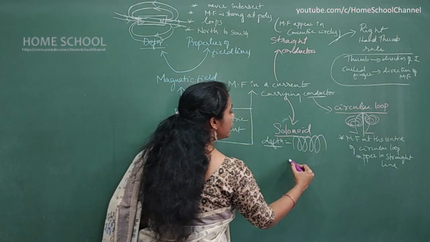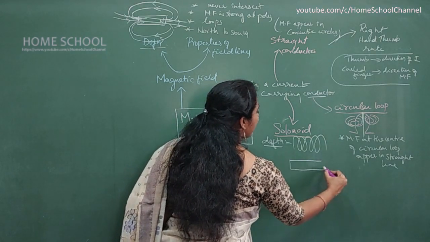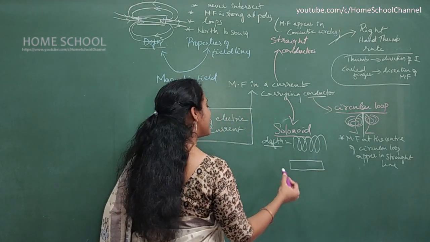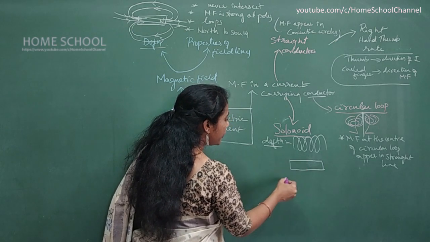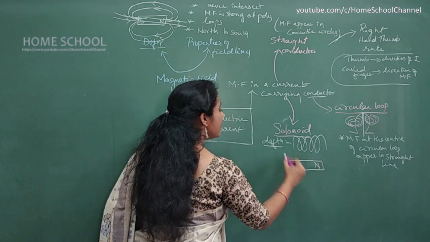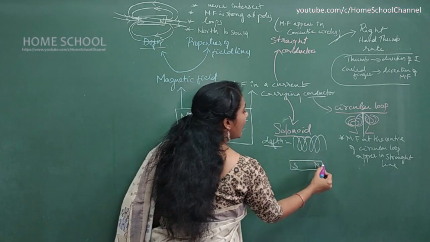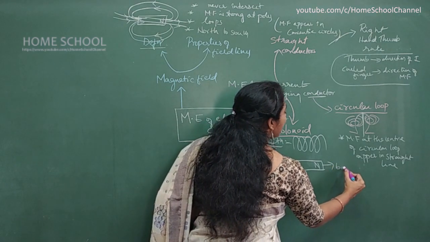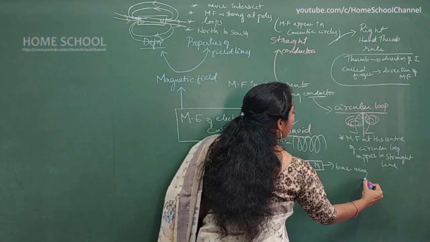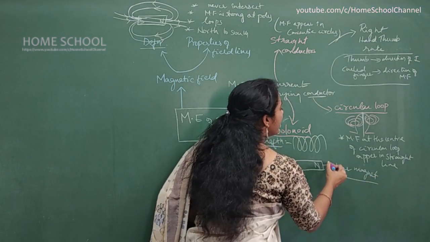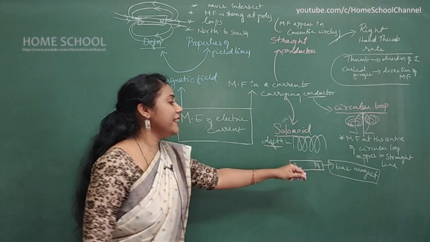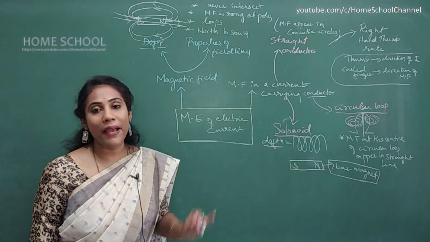Our solenoid will act as a bar magnet, having two poles, north pole and south pole. So a solenoid behaves like a bar magnet. Remember this. Magnetic field lines appear as they do in the case of a bar magnet.